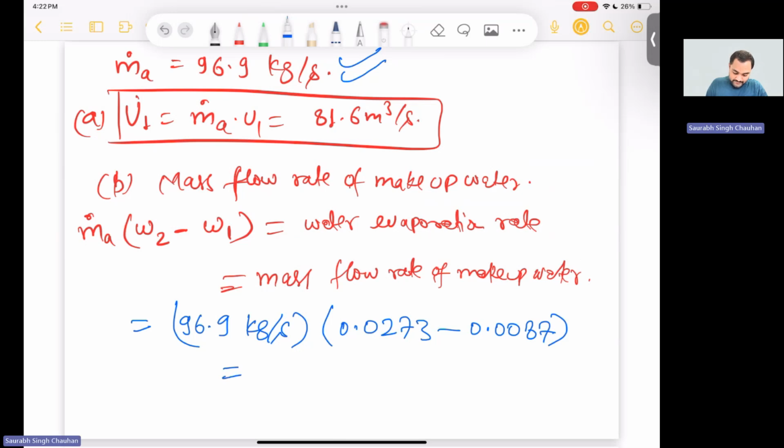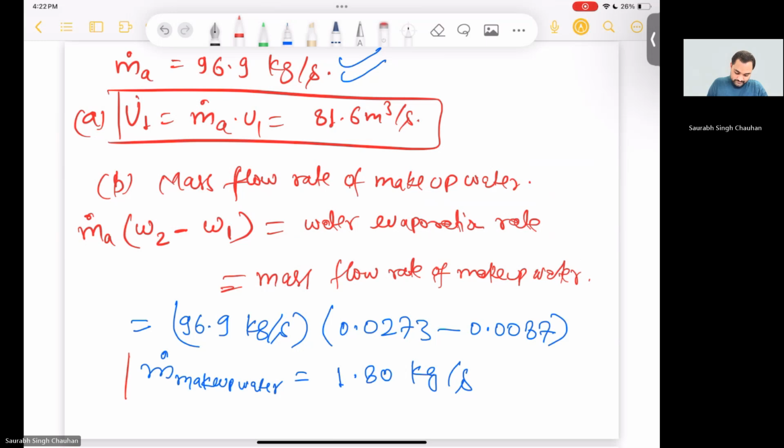So the mass flow rate of makeup water will come out to be 1.80 kilogram per second.